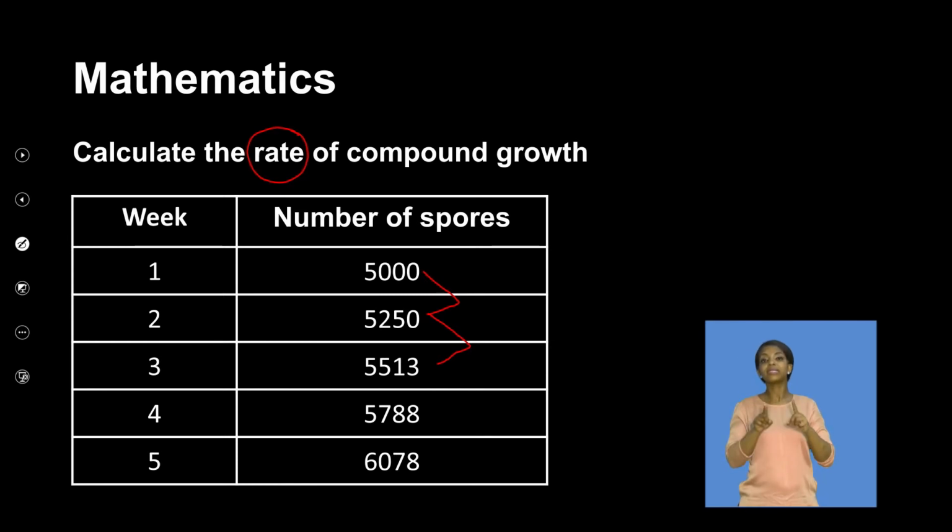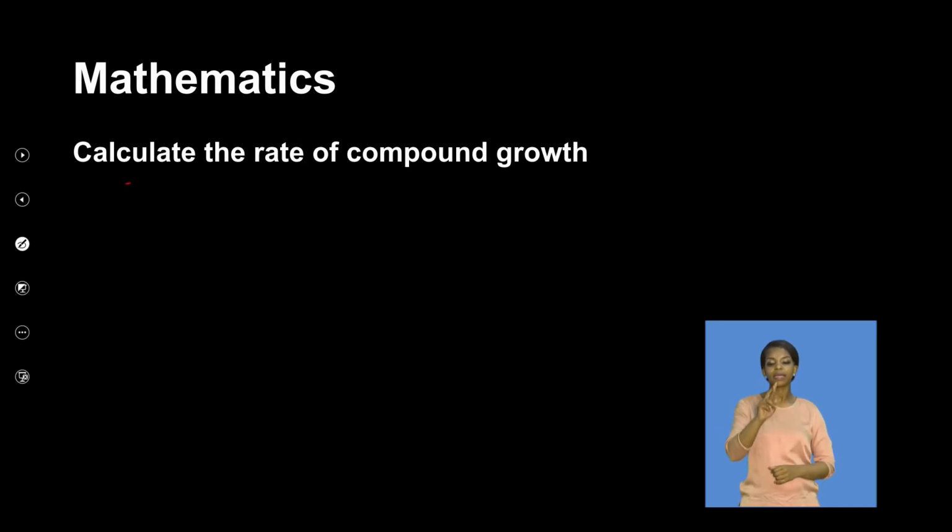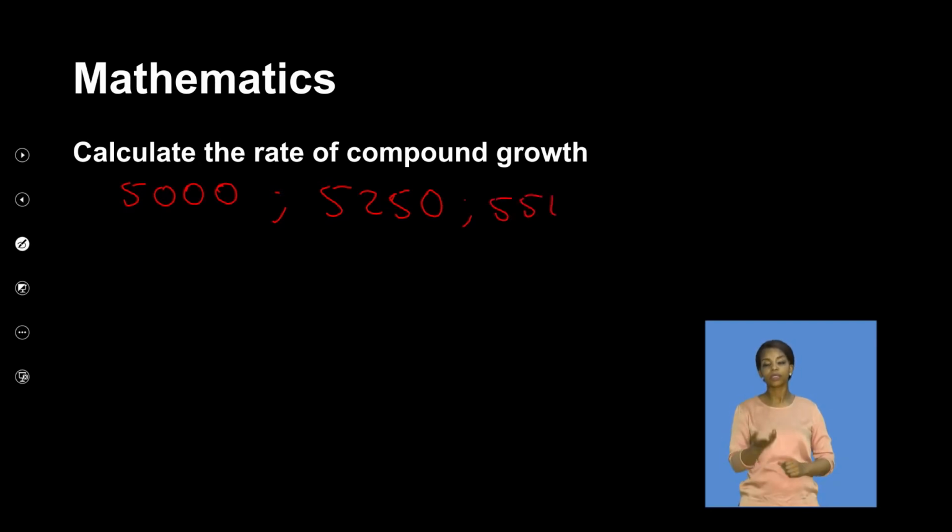Instead, it's a geometric pattern. So let's quickly look at how I would calculate this, right? So I will just write down my values here. It's 5,000, and it will be 5,250, and then it will be 5,530, right? And then what you will do is you will look at the common ratio as we normally do under our geometric pattern.